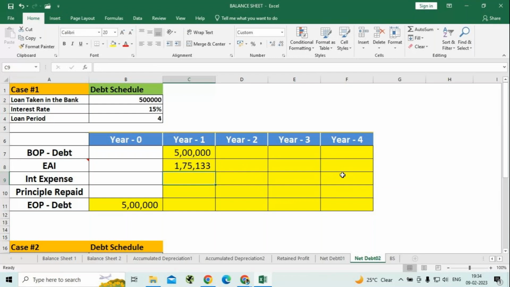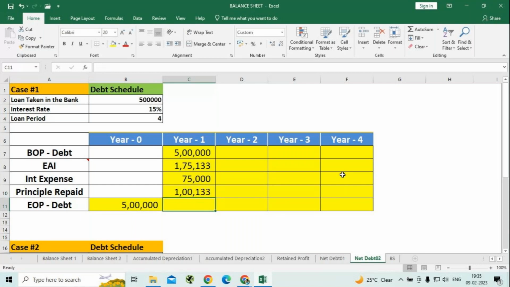So 1,75,133 is the EAI amount we calculate. The next thing is the interest expense, which should be calculated as the current year's opening balance into the interest rate, that is 15%. And the principal repaid will be the EAI minus the interest expense amount.